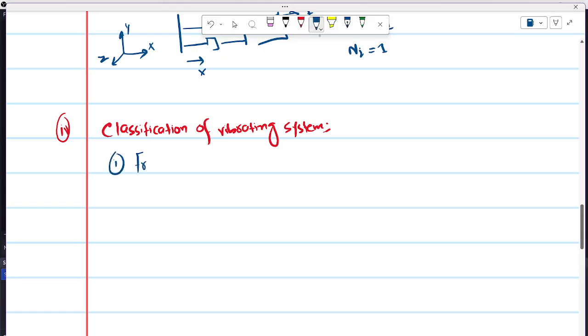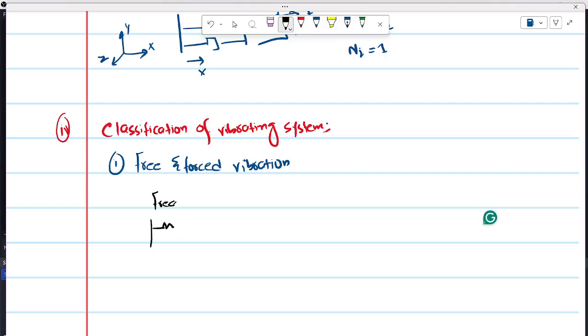free and forced vibration. So there are two ways to classify this one. What is free vibration? I will just draw the figures and then let you know.